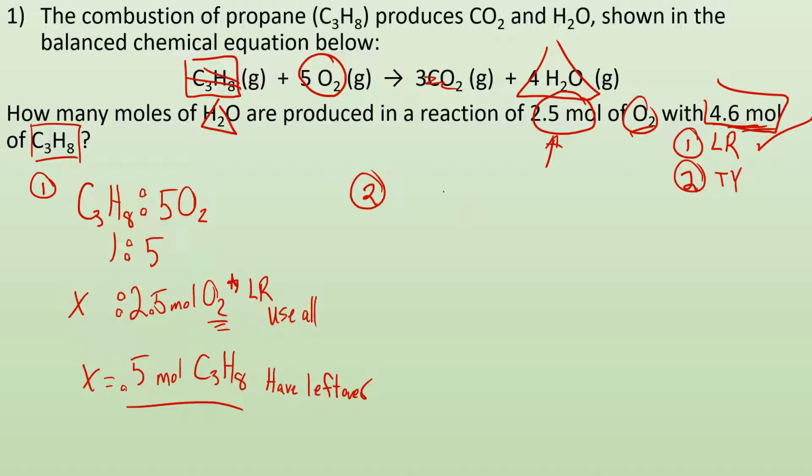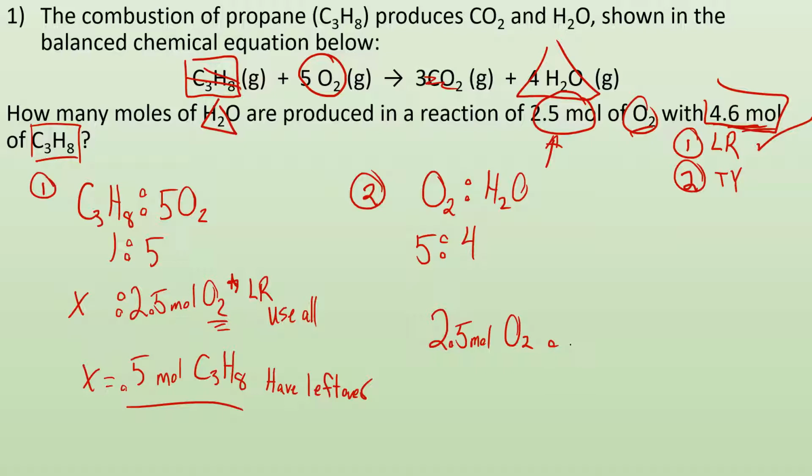So now I need to know, well, what is my ratio between oxygen and the thing we're interested in, H2O? Well, it is a 5:4 ratio. So let me start. I have 2.5 moles of O2.